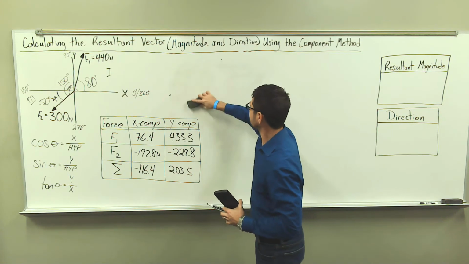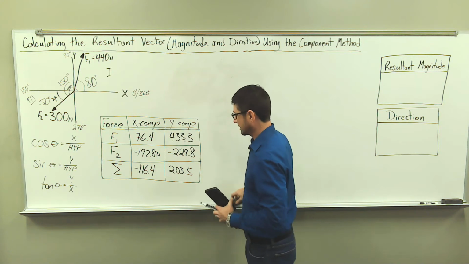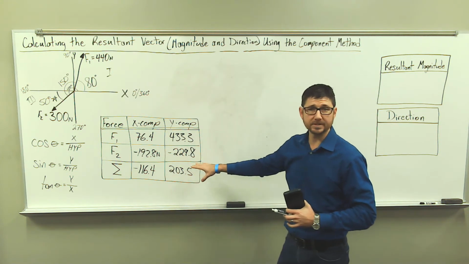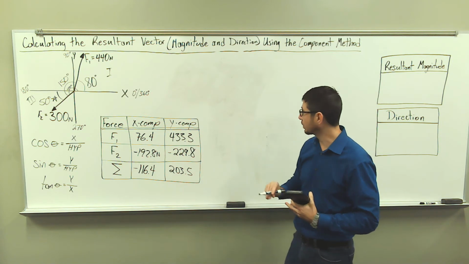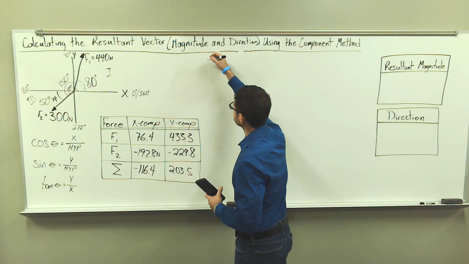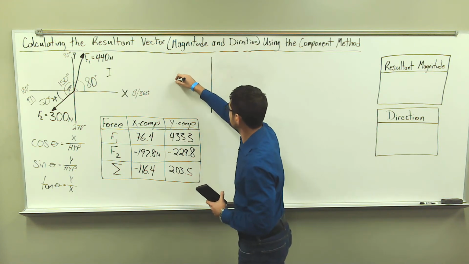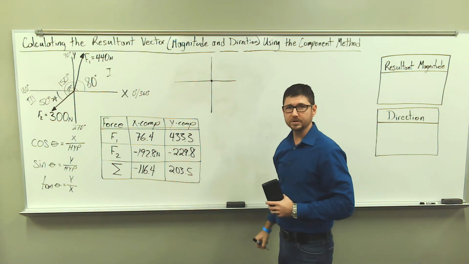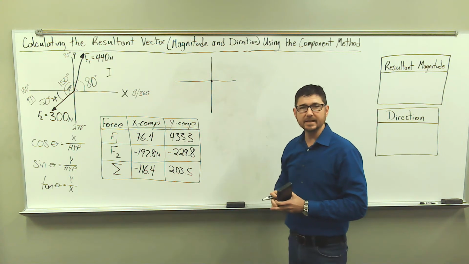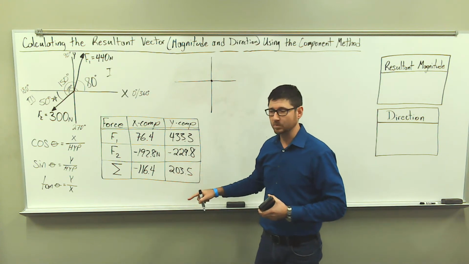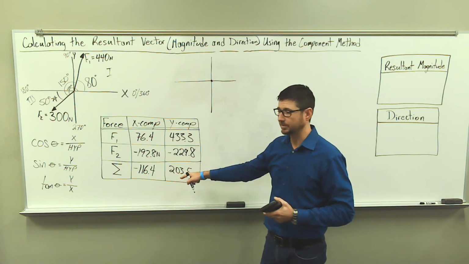So, as I mentioned earlier, this is going to be the x and the y components for our resultant. So what we're going to do is, if I had a coordinate system here, we're going to start at the origin, and we are going to create a right triangle based off of our x and y components that we have in our table.